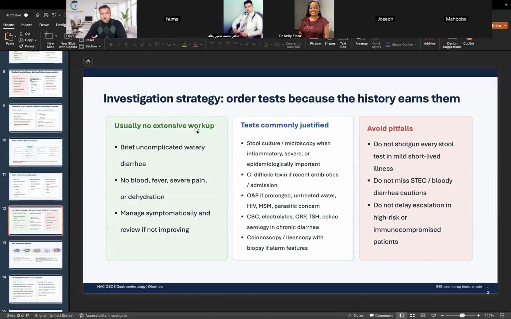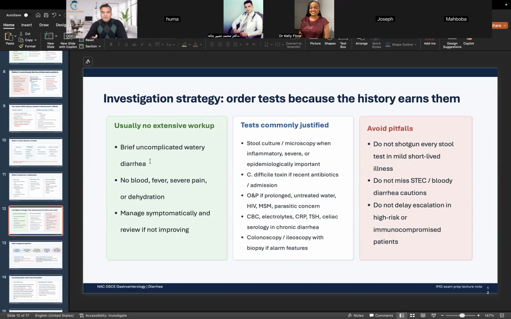We don't do too many random or haphazard investigations for any diarrhea that we see, unless it is complicated, unless we know it requires investigation. For example, in terms of inflammation, or greasy, bulky, foul-smelling, chronic stool. In that case, we have no choice but to do it, right?